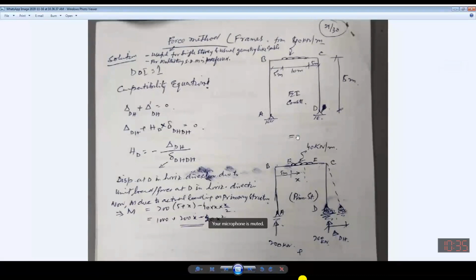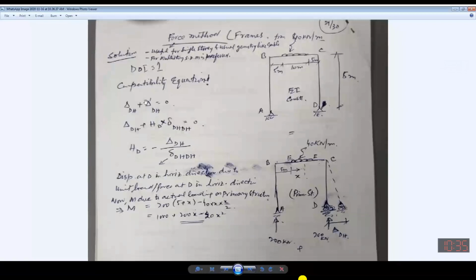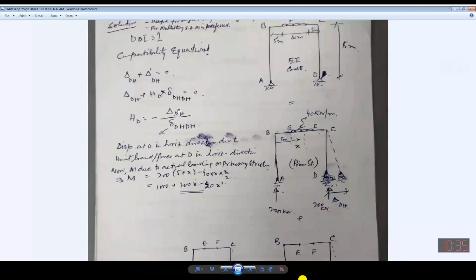So one extra equation is needed, and that will be obtained from the compatibility condition. And what is compatibility condition? I have told you that compatibility is the continuity at any support, at any joint.